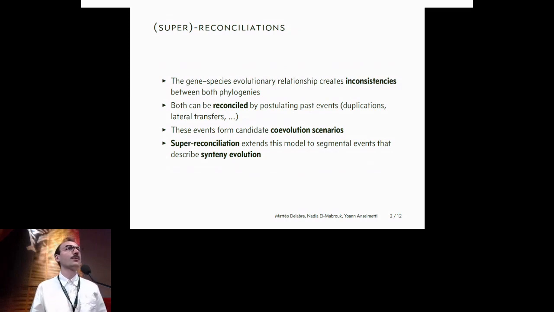Both phylogenies can be reconciled using reconciliation, which basically postulates ancestral events such as duplications and horizontal transfers to explain why there are inconsistencies in the phylogenies. And using these events, we can postulate scenarios for the evolution. Now, what we call super-reconciliation is just an extension of this concept to synthenies. So instead of having duplications of single genes, we consider segmental events to describe the history of synthenies.